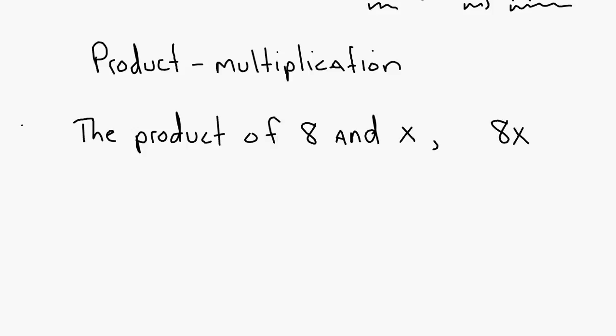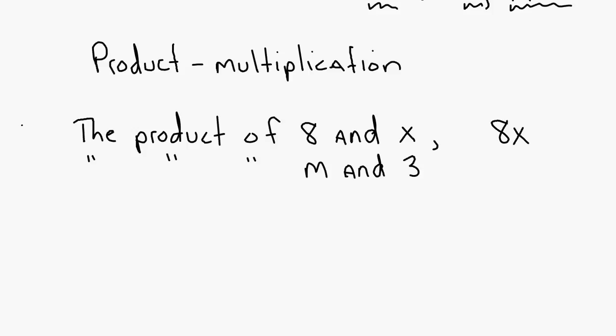If you're asked to write the product of m and 3, it's still multiplication, but you're not going to put the m before the 3, okay? When you're dealing with multiplication, you're always going to put the number first and the letter second.